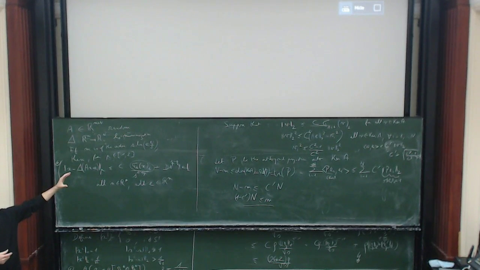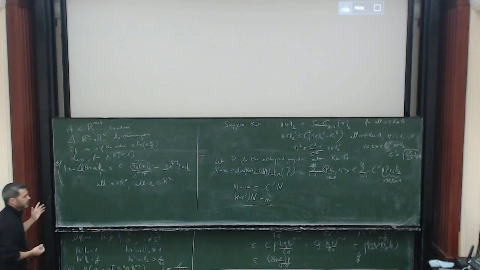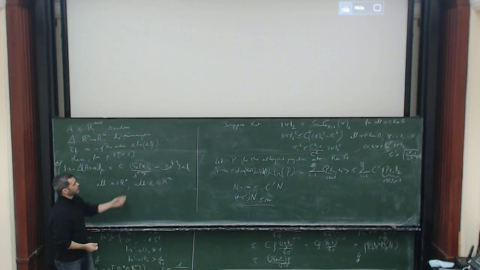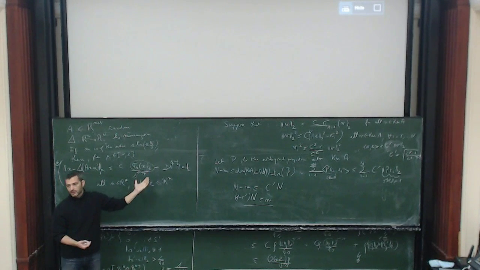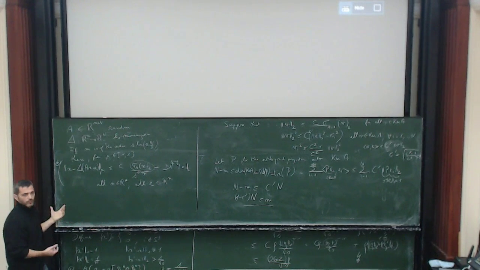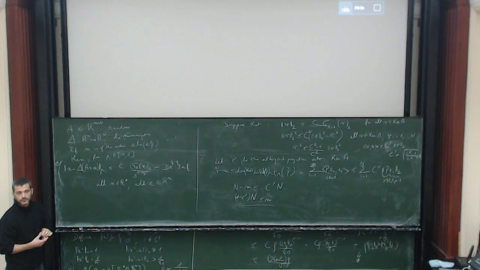Fix x from the start, then take A at random; with high probability for this x, you have a stability estimate. But it's not a stability estimate that is valid for all x simultaneously. If you want the stability estimate to be valid for all x simultaneously, you should never see, otherwise there's a mistake, something else than the 1 norm here. You would see sometimes something else than the L1 norm here if it is a non-uniform recovery estimate.